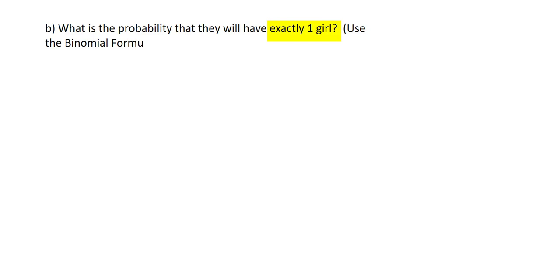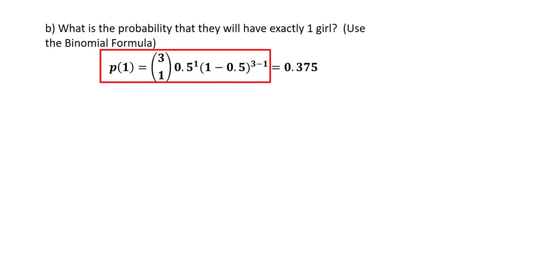Going to the next problem, what is the probability that they will have exactly 1 girl? Here we want to use the binomial formula. I showed you the binomial formula earlier. This time around, anywhere we see x, we put in 1. Anywhere we see n, we put in 3. And anywhere we see p, we put in 0.5.